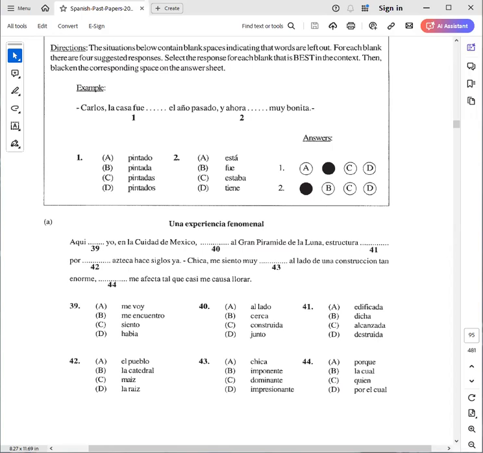Number 41, edificada. Number 42, por la raíz azteca.